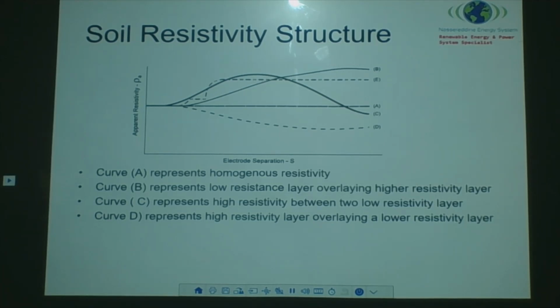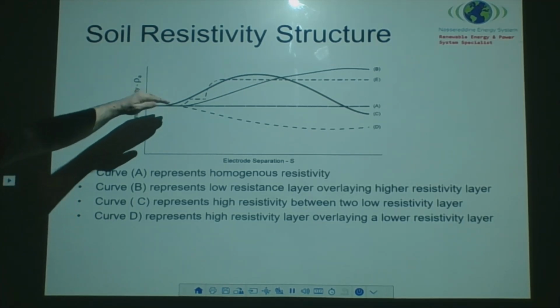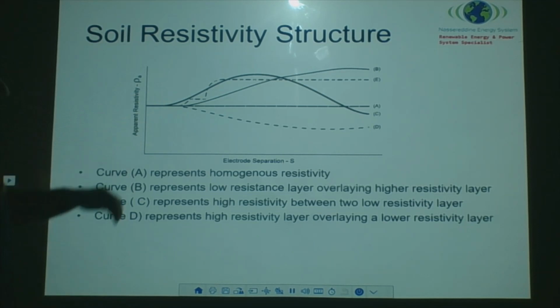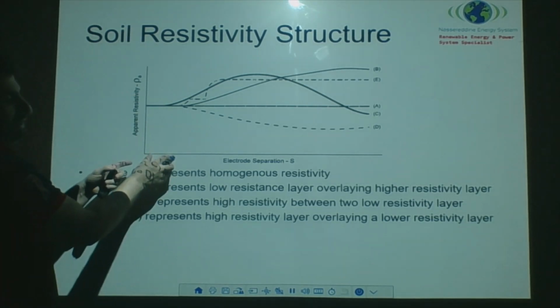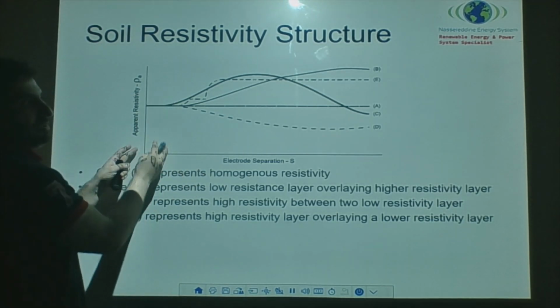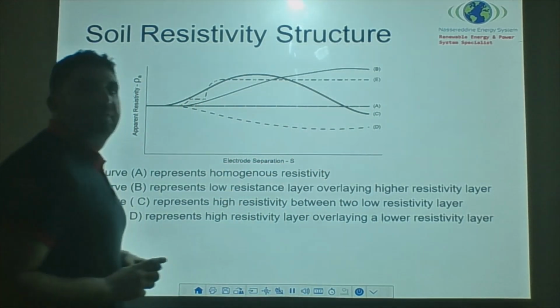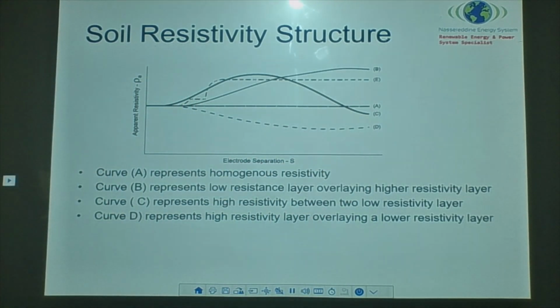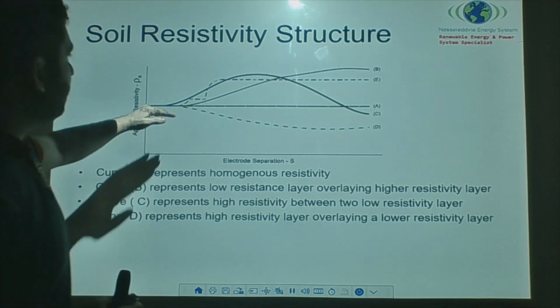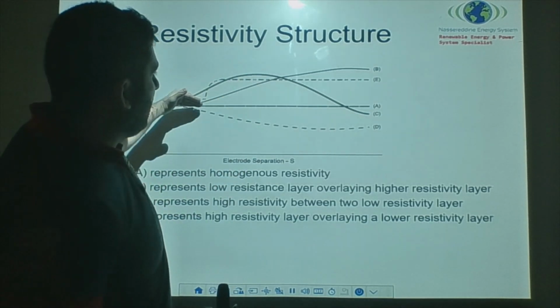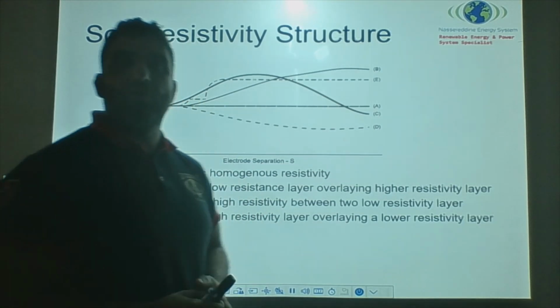Let's look at D. In D, this represents the top layers. Can you see? High over low. I have 2 soil resistivity layers. The top one is high, the bottom one is low soil resistivity.